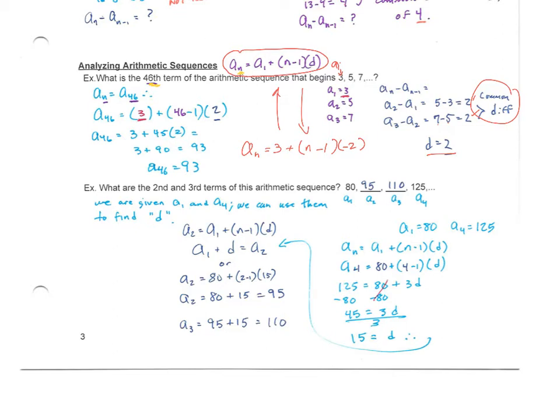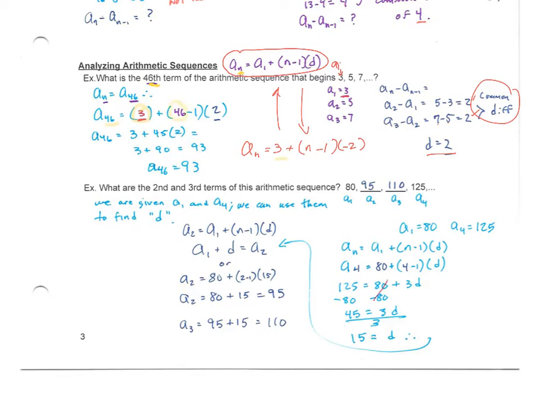So if we come over here, we're looking for the n value, which is going to be 46. So we go ahead and replace that. We have a_46. We replace my first term, which we said is 3.